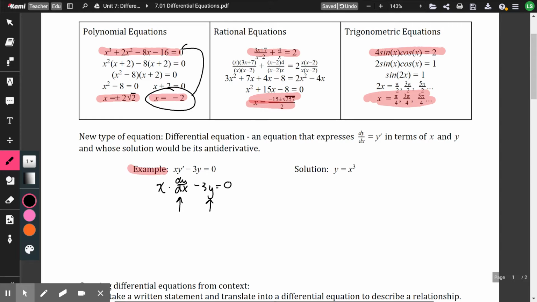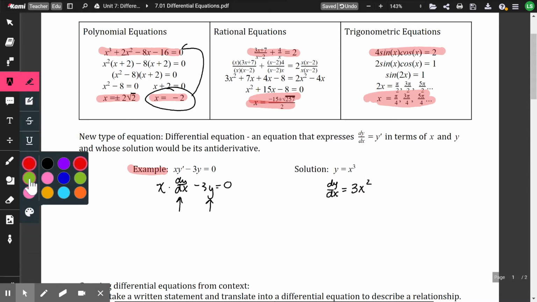The solution for this particular example is y is equal to x to the third. So I'm just going to verify that this is the solution for this differential equation. I'm going to find dy over dx, which would be 3x squared. And then I'm going to plug in the x to the third and the 3x squared for the y and the dy over dx in the equation.